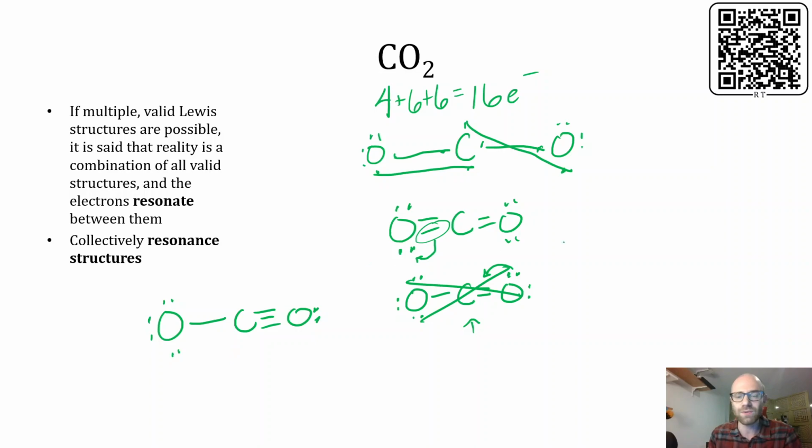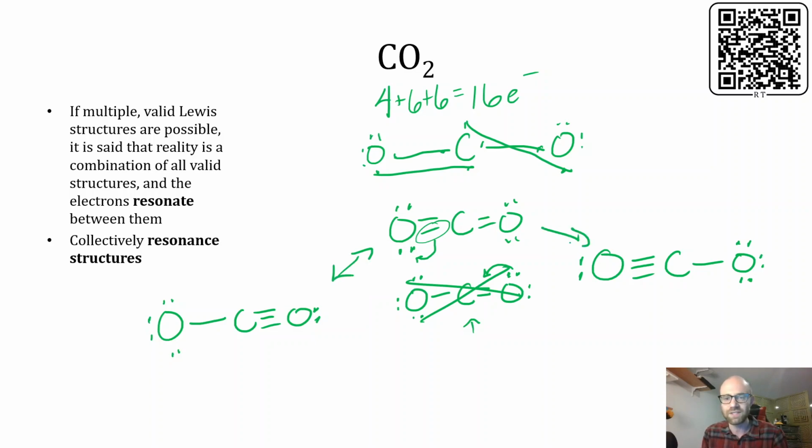Hypothetically, I could have also taken that structure and maybe just pulled the electrons in the other direction, pulled them to the right instead. You could imagine that this is another hypothetical Lewis structure of carbon dioxide. And when you have multiple possible Lewis structures that are valid, we call the group of them resonance forms, resonance structures of the same molecule.